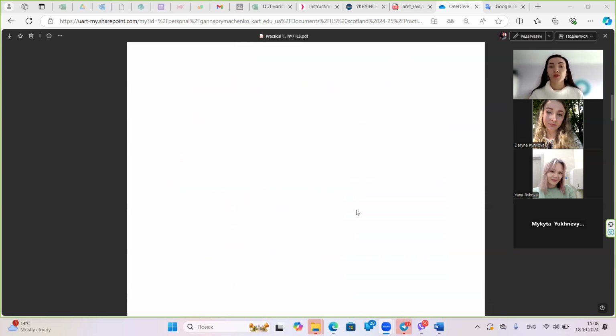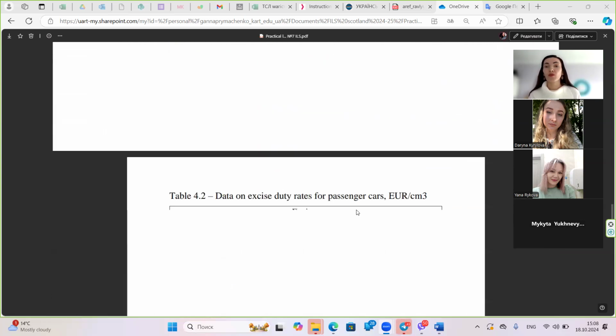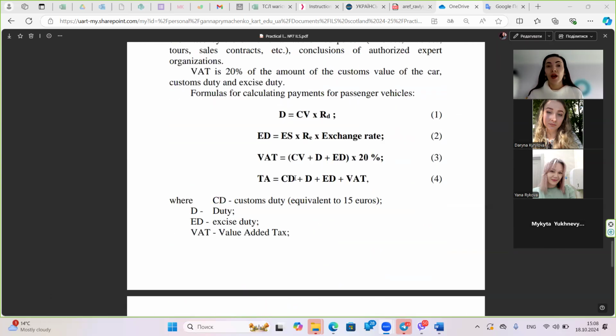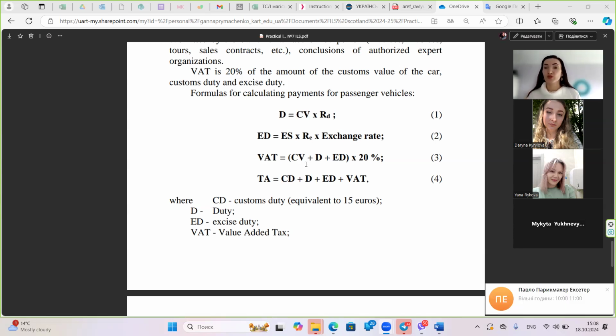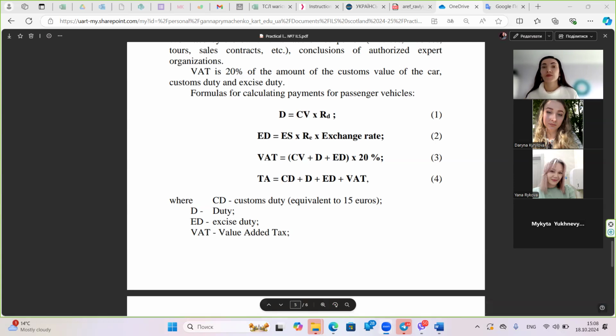Our next parameter in formula number 4, come back, add our result of formula number 1, G, it is duty, and also add the result of our formula number 2.